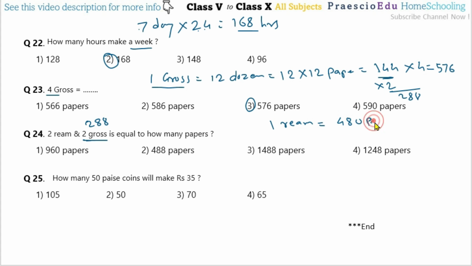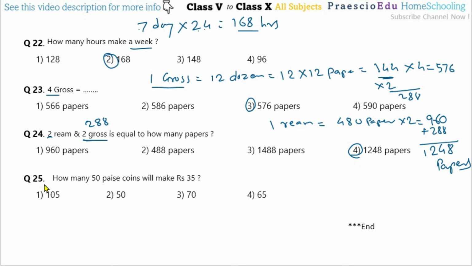And here 2 ream are asked, so multiply by 2, so 48 multiplied by 2 is 96, and this 0 as it is. So 96 plus this 288 we will add. After this addition you will get 1248, and these are papers. The question asks for papers, so this is given in option number 4.